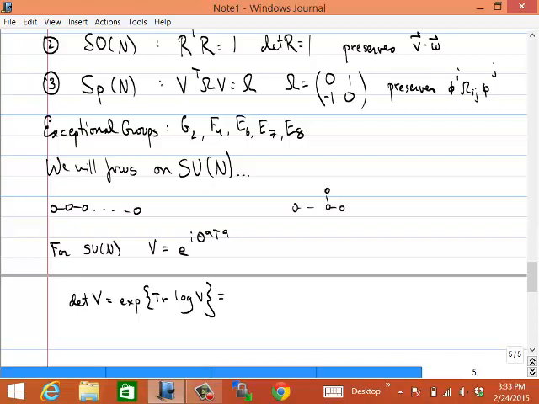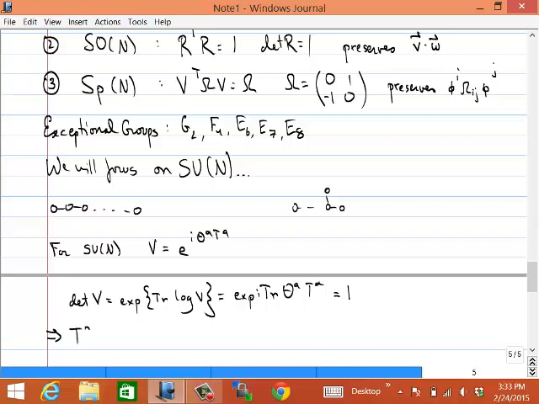And so if you plug that in, that's the exponential of the trace of theta^A T^A times i. And that has to be equal to 1 for all values of theta.